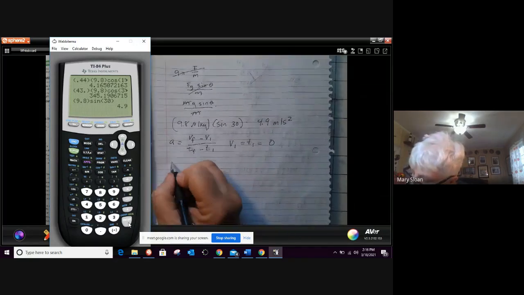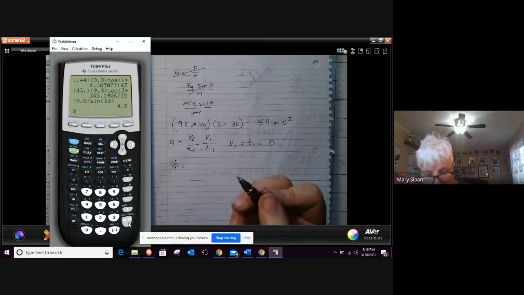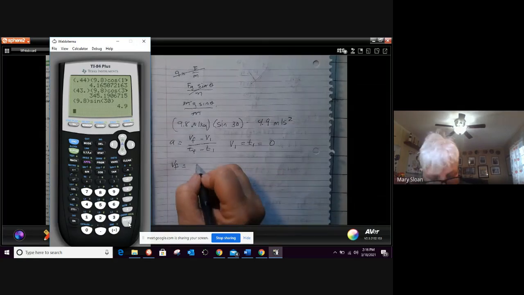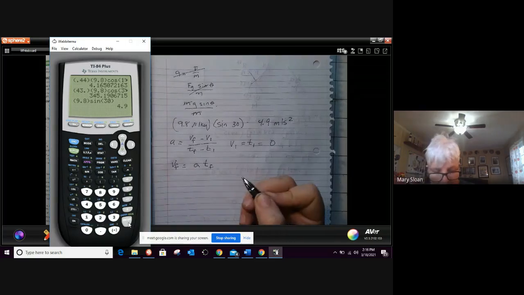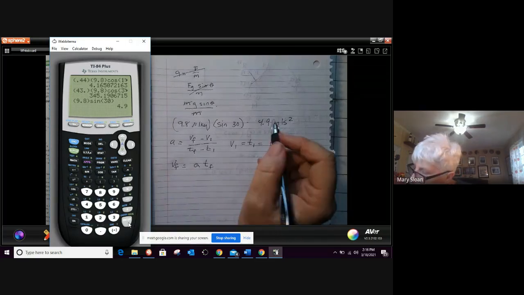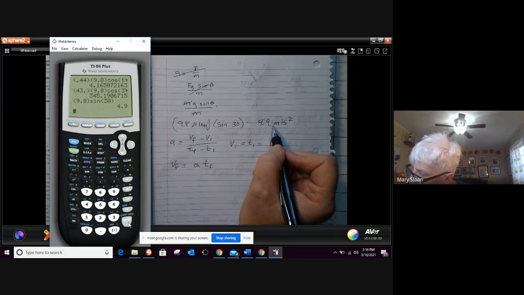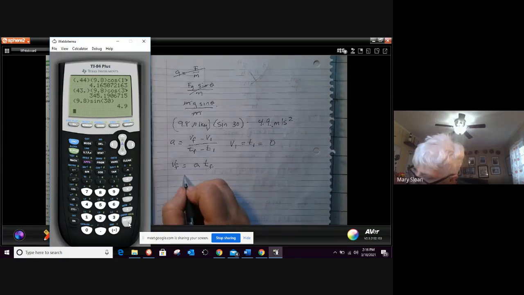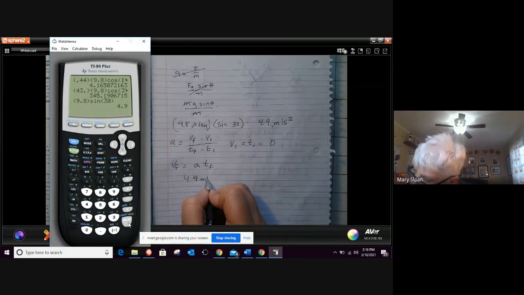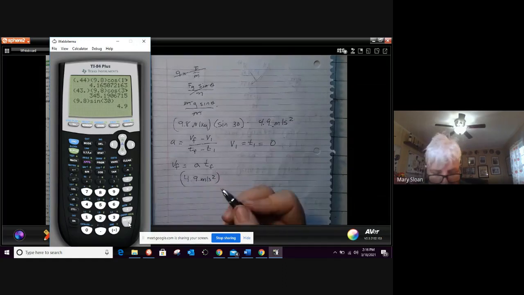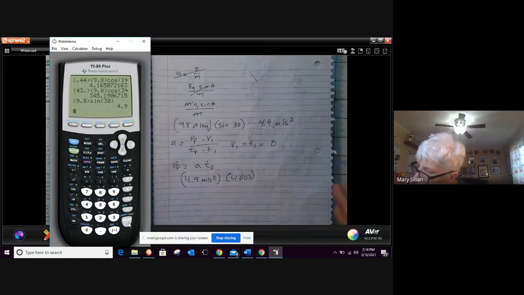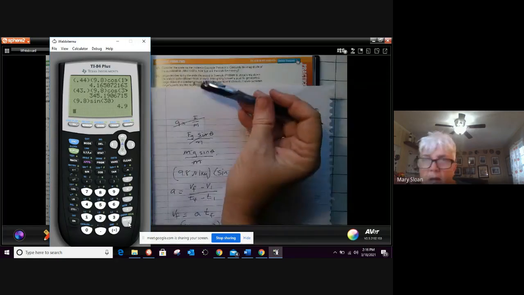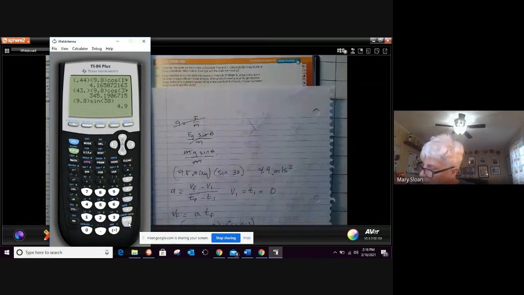So to be able to find my velocity final, that's the only thing else I need to do. I'm going to take acceleration times time final to get my answer. So 4.9 meters per second squared, and I'm going to multiply that by 4.0 seconds, because it says that it is 4 seconds long.